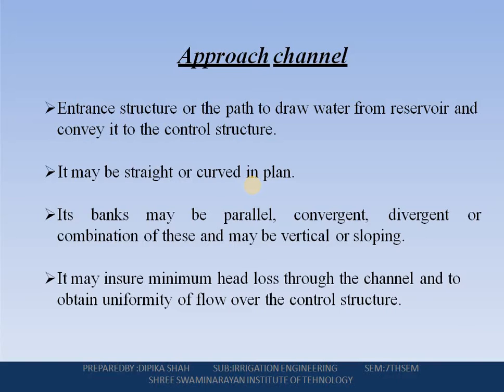Its banks may be parallel, convergent, divergent, or a combination of these, and may be vertical or sloping. It should ensure a minimum head loss through the channel to obtain uniformity of the flow over the control structure, right? So we will see a figure of this.